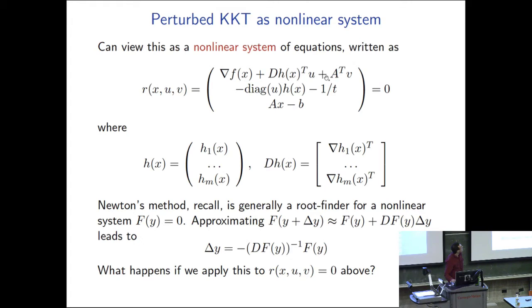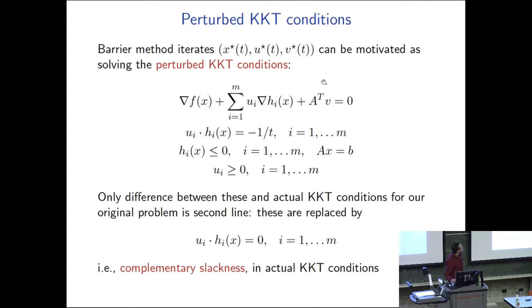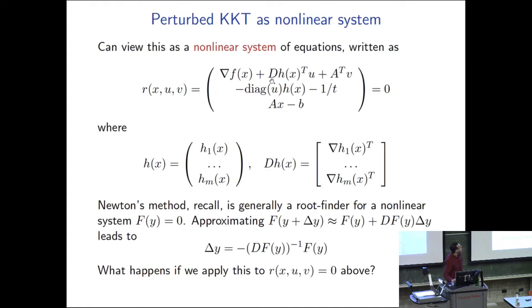I want to set the stationarity condition in more general notation. I can write it as grad f plus the Jacobian of h transpose u plus A transpose v equals 0. That's the stationarity condition. For primal feasibility, I'm just writing Ax minus b equals 0.